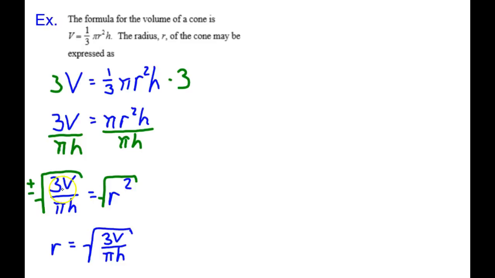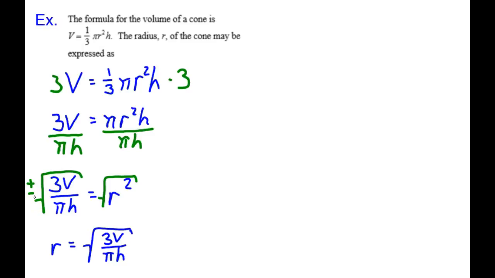So now we would have 3V divided by pi H equal to R squared. Now to get R isolated by itself, we have to get rid of that squared. The inverse operation of squaring something is taking the square root. We would have to take the square root of the right and left side of the equation. When we take the square root of a quantity squared, we have to account for the positive and the negative result.